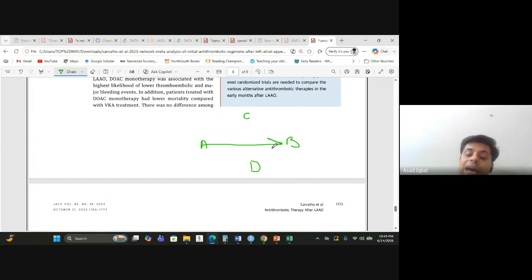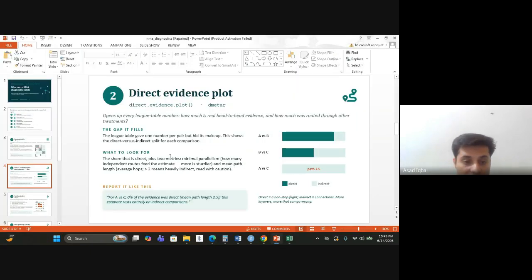We also have another path, it's an indirect path. We also have another path, which is also an indirect path.